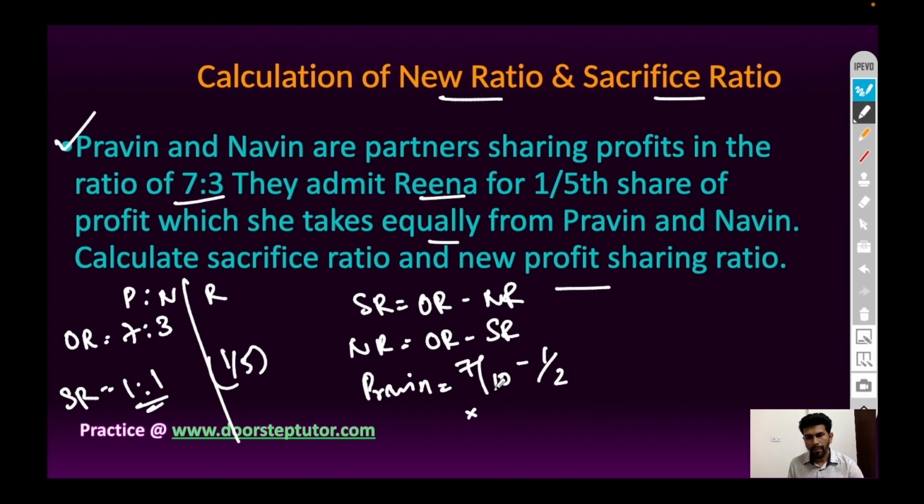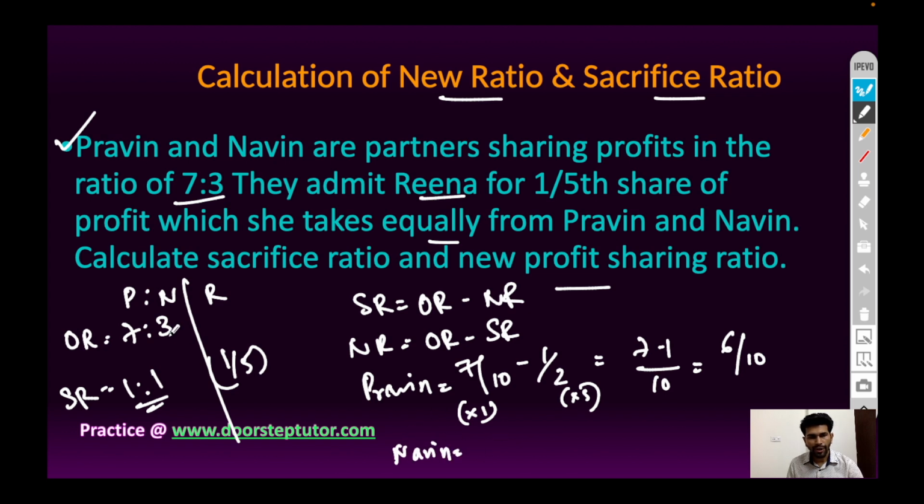We have to multiply this by 1 and this by 5 to get an equal denominator. So 7 minus 1 divided by 10 will be 6 by 10.